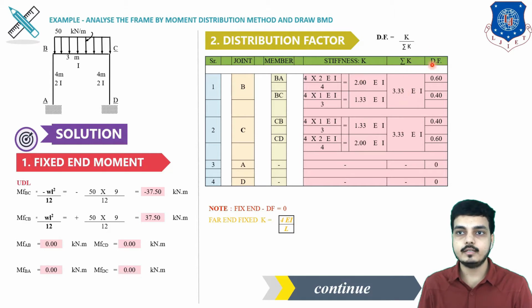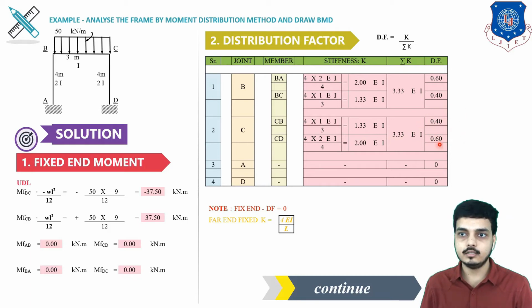To find the distribution factor, we use the formula K upon summation of K. Now 2 upon 3.33, EI will cancel out, and we get 0.60. 1.33 upon 3.33 is 0.40. The same values will be over here: 1.33 upon 3.33 will be 0.4 and here it will be 0.6.